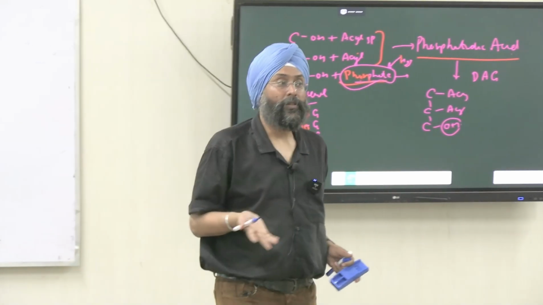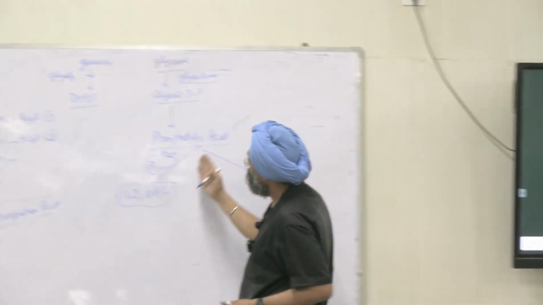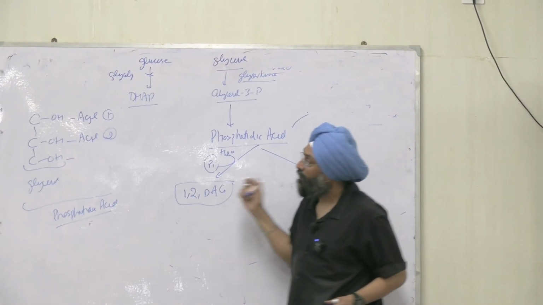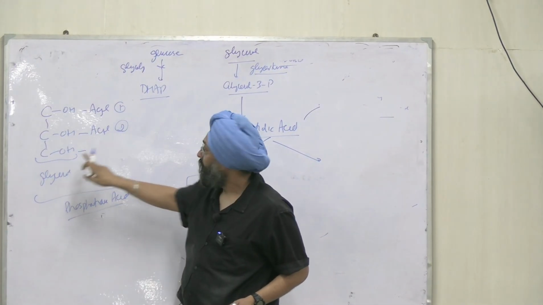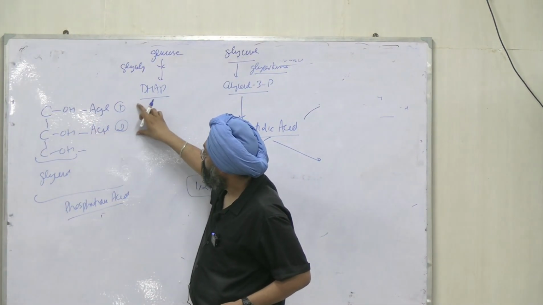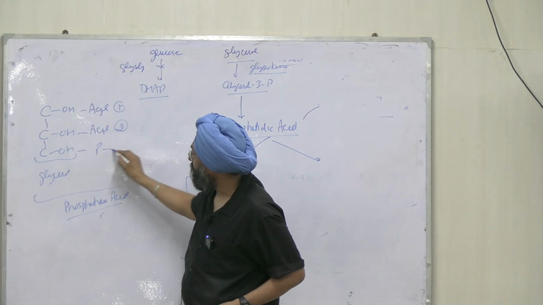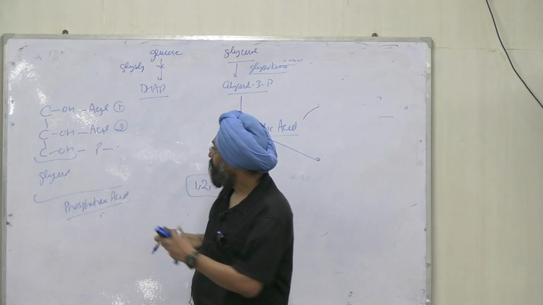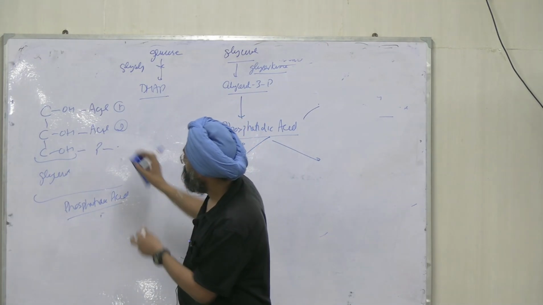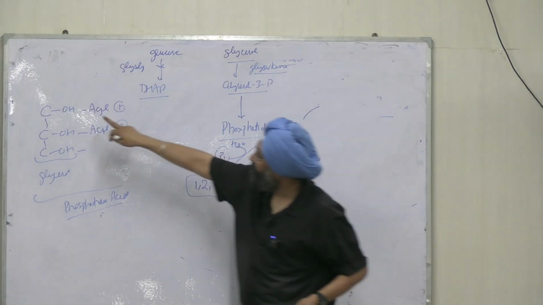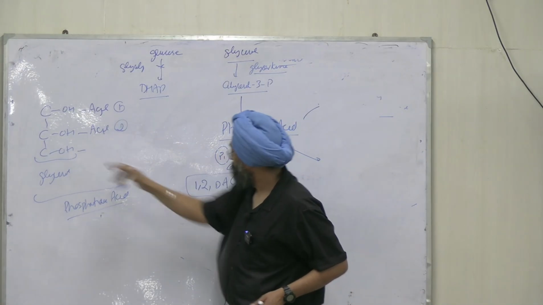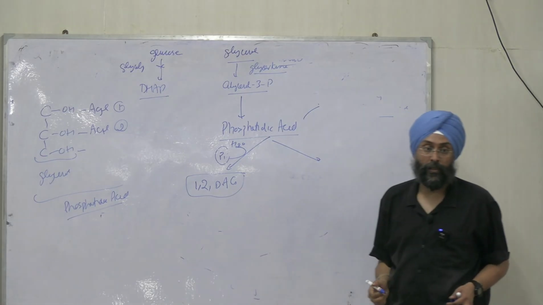Are you able to follow or not? So we have phosphatidic acid; monoacyl, diacyl, triacyl glycerol was there. Diacylglycerol with phosphate attached becomes phosphatidic acid. Now we have removed phosphate via water and it becomes 1,2-diacylglycerol.